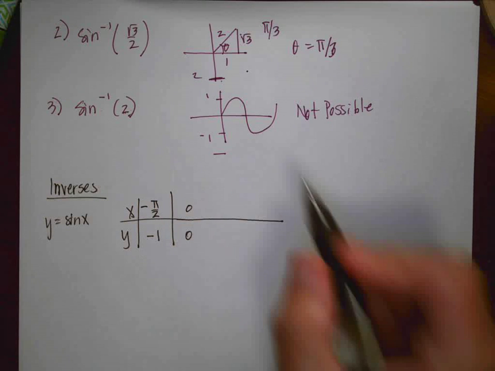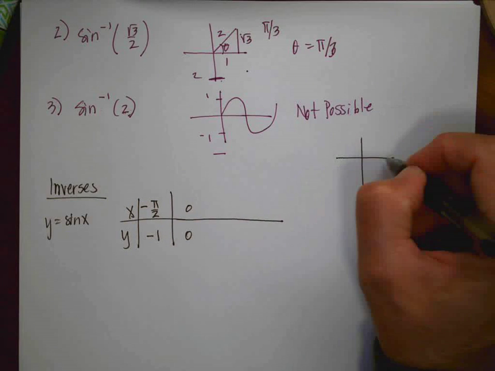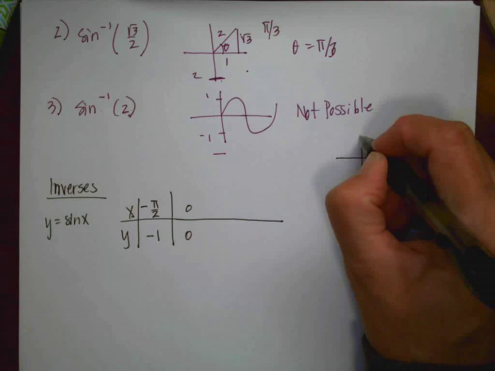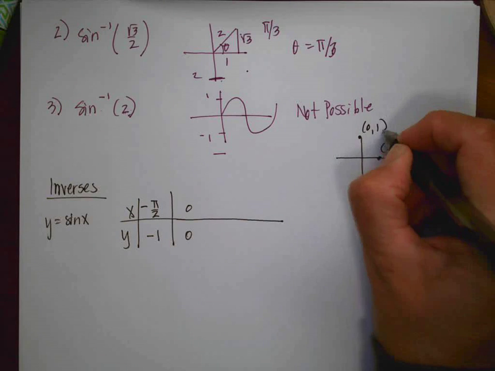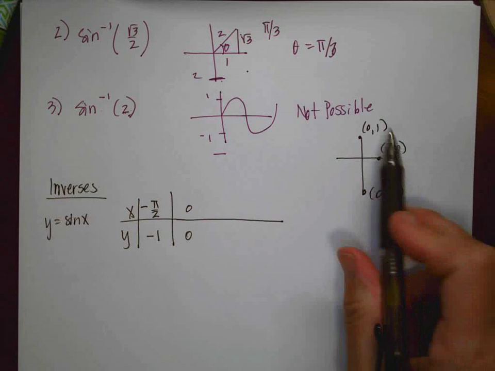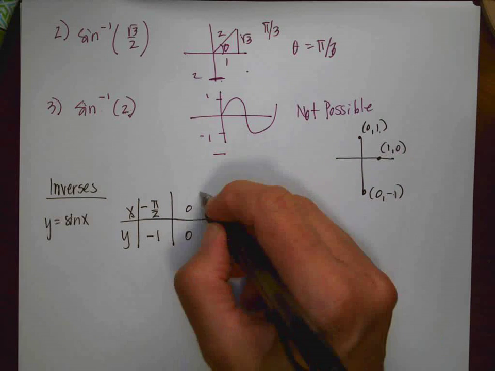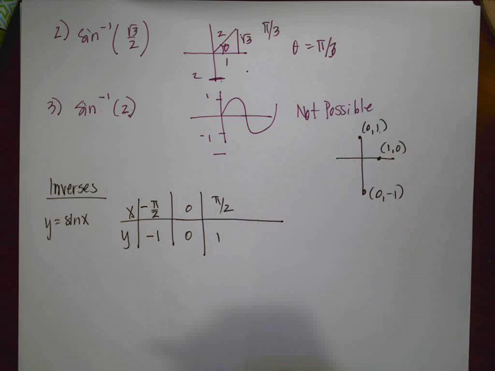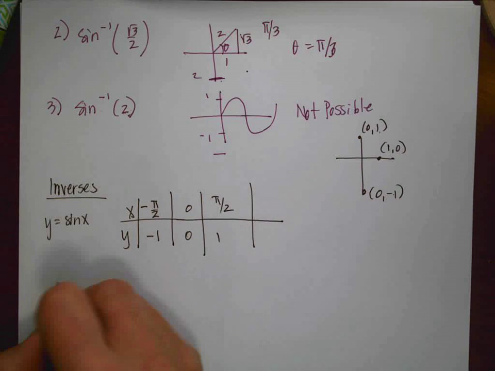If I had 0 and 0, the sine of 0 right here, because the coordinates of that are 1, 0, the coordinates up here are 0, 1, and the coordinates down here are 0, negative 1. Sine is y. And so then if I had pi over 2, sine would be 1.